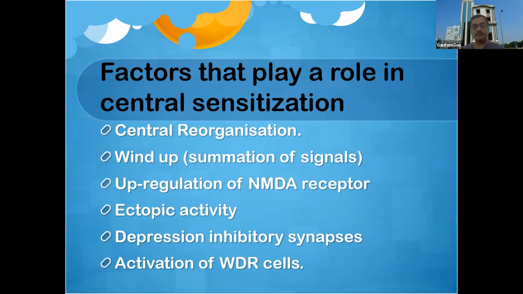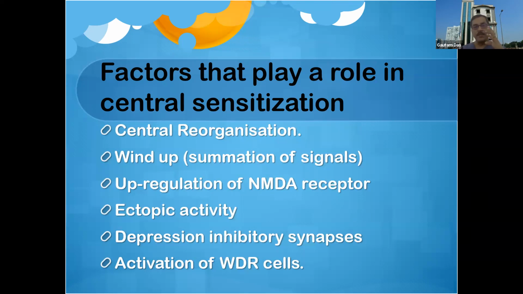This is number one. Number two in central reorganization: the nerve enters the dorsal horn, and the second order neuron takes the signals. Sometimes the interneurons are connected and send this signal to the segment above, to the segment below, and to the other side.